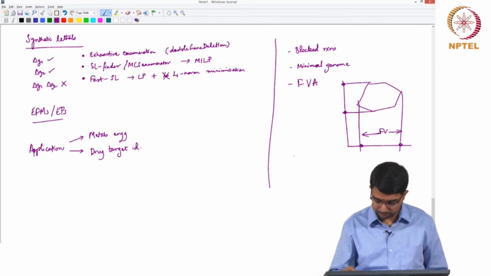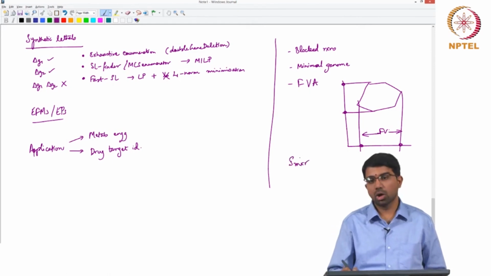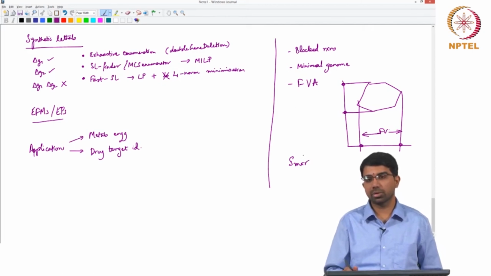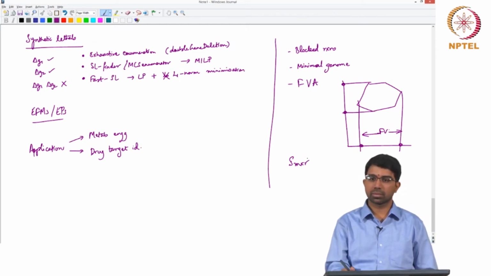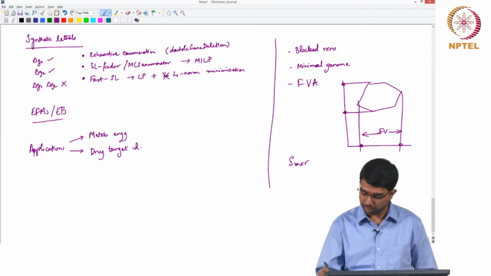So, if you have a stoichiometric matrix M cross R, how many LPs do you need to solve to compute flux variability? How would you compute this point?